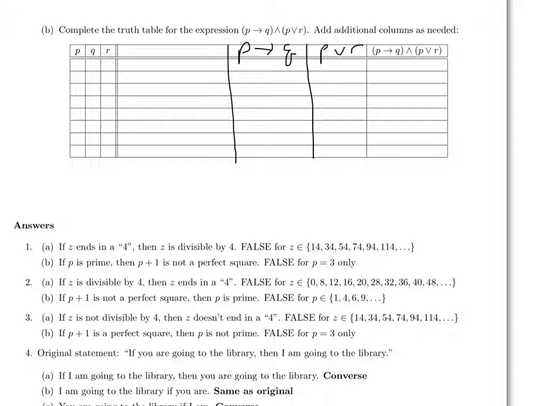I do need to put in my initial values, and I wish I had put these in now. It's hard to write these little boxes, but I'll start off with 4 T's and 4 F's in my P column. And then in my Q column, I'll alternate 2 T's, 2 F's, 2 T's, 2 F's.